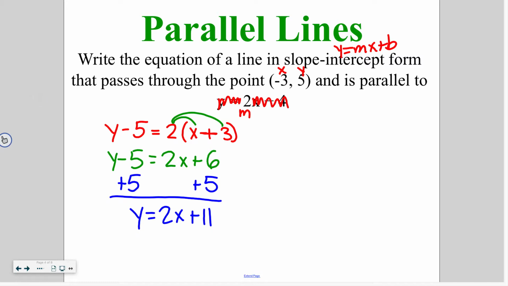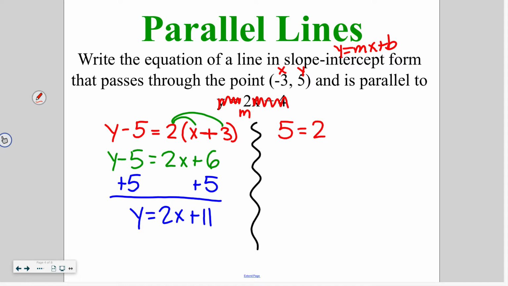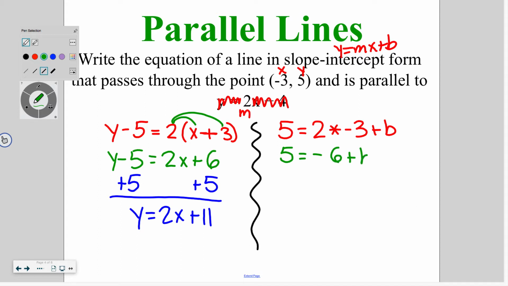The other option for how to solve this problem is using the y equals mx plus b equation. So I'm still going to start the same. I'm going to use my 5 as y, plug it in and say 2 is my slope, times my x of -3, plus b. After I do this, I'm going to multiply. So I get 5 is equal to -6 plus b. After that, I'm going to solve for b.